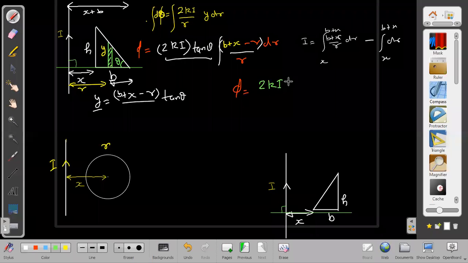2ki tan theta into x plus b into x, bracket open, sir. Big one, x plus b into x plus bracket.